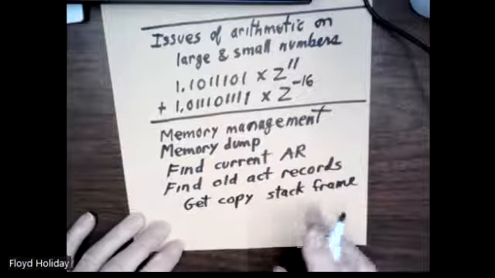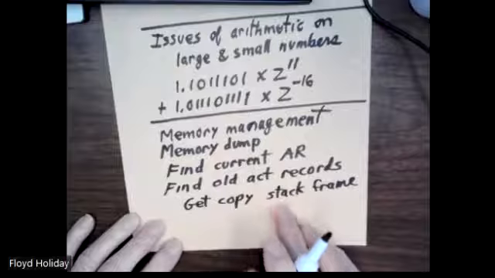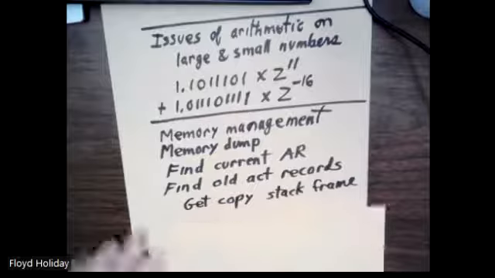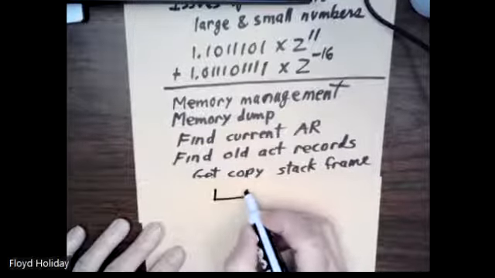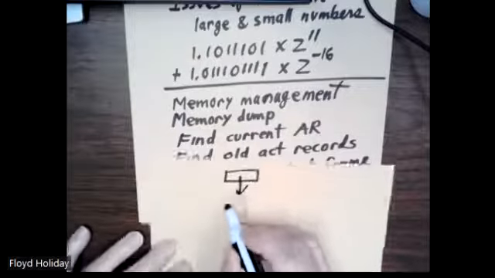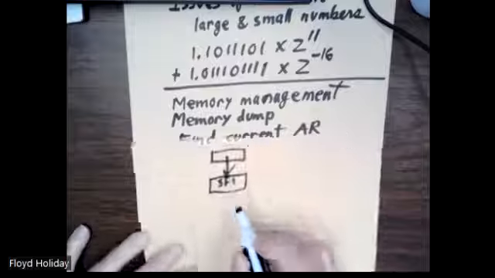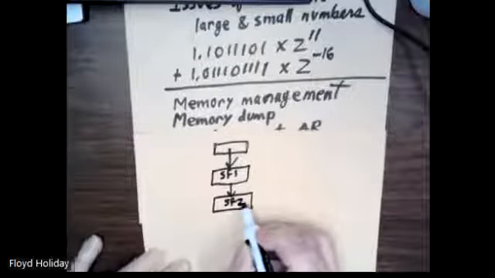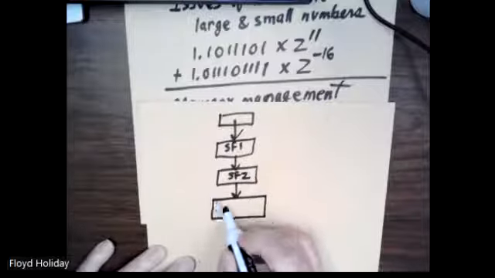In the function, here's what it looks like. You need to know that it's a program, but main calls SF1, calls SF2, and I think that then calls make stack dump.